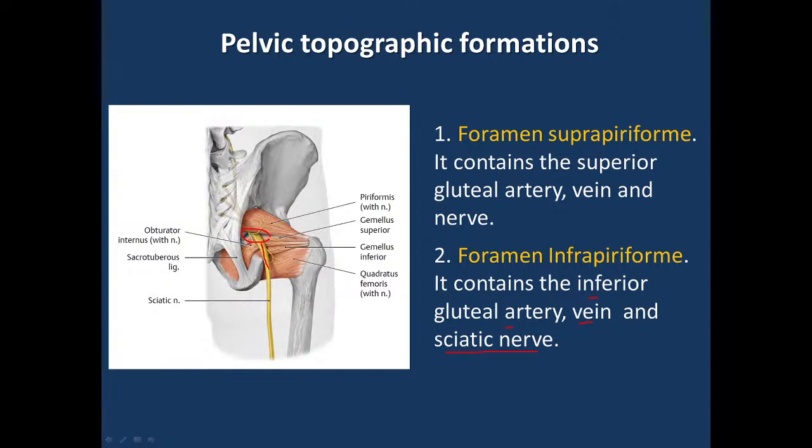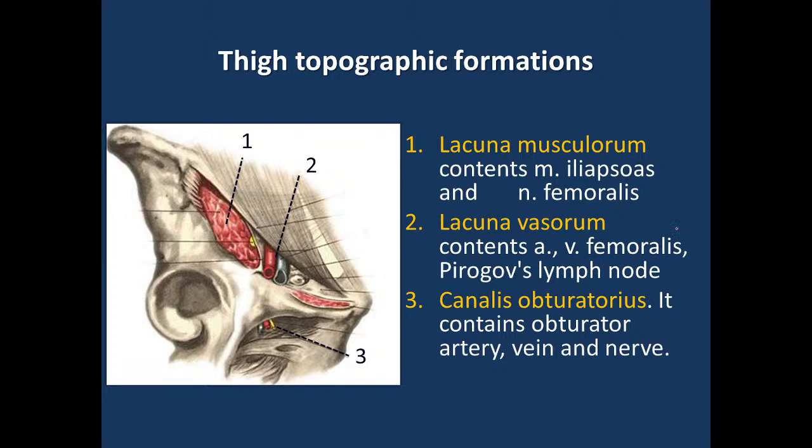This is the biggest nerve in the body, the sciatic nerve, and it comes from the pelvis to the dorsal surface through the foramen infrapiriforme. So there are two important topographical formations of the pelvis on the dorsal surface.